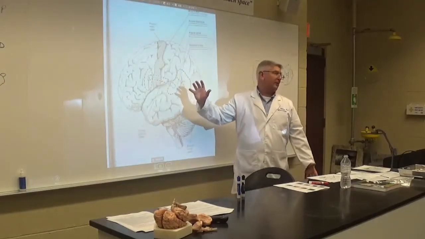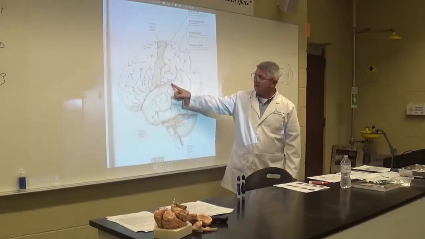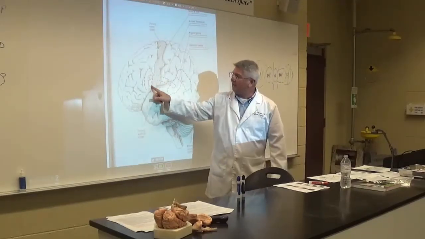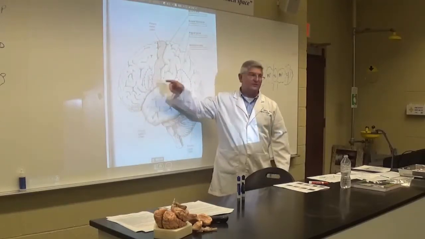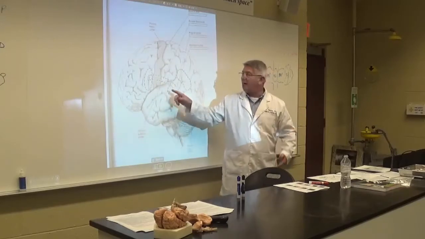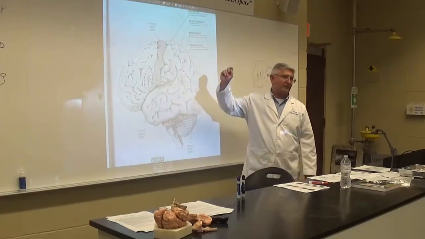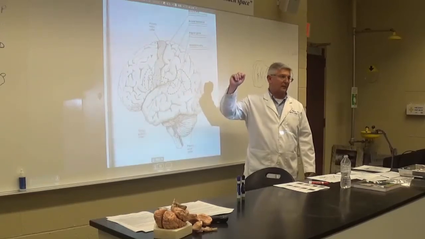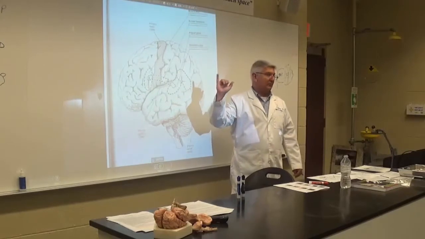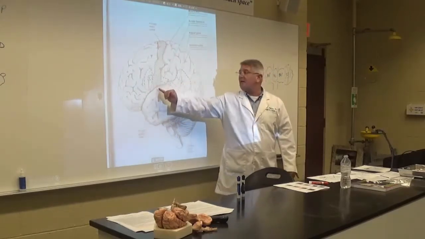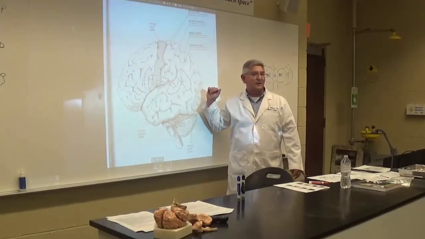And the other parts of the language system are Wernicke's area, which is outlined here, and Broca's area that's outlined here, and the connector between the two, which is inside the brain, right? It's this connection, which is called the arcuate fasciculus. Okay? Those are specific to the human. Sheep don't speak much English, right? I don't know what language they have, but they don't have these same areas in their brain. Okay? All right?